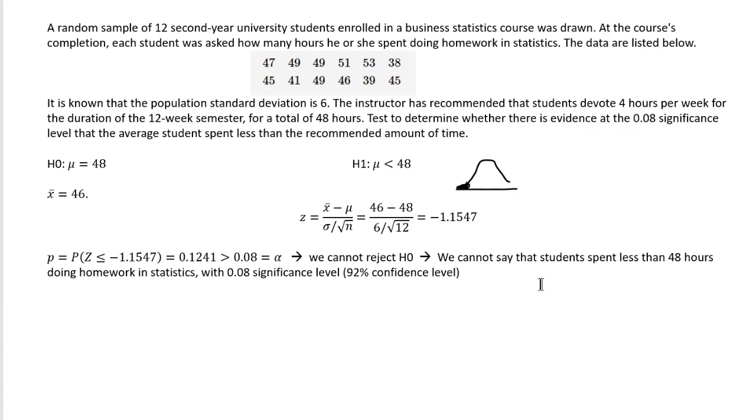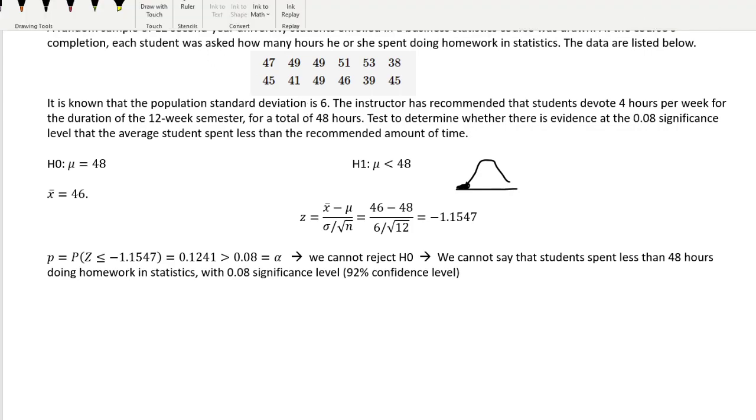So what you want to do is compute the p-value, and the p-value is computed like this. See, the z-score is negative 1.1547, and the picture is like this.